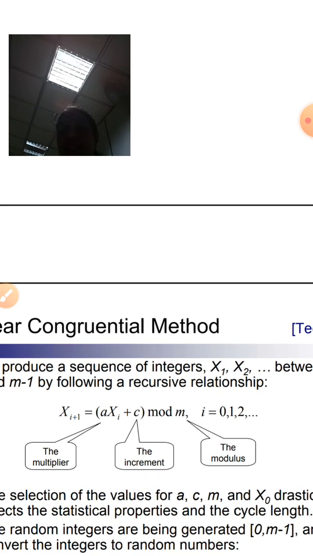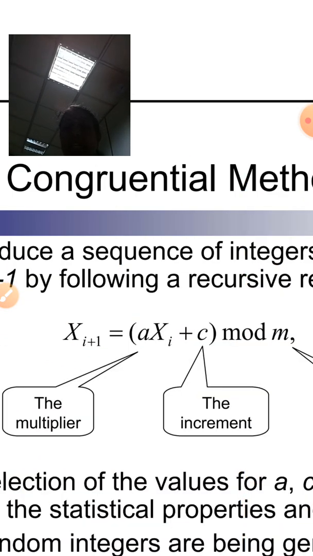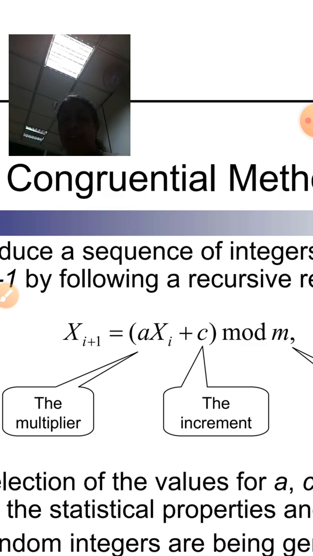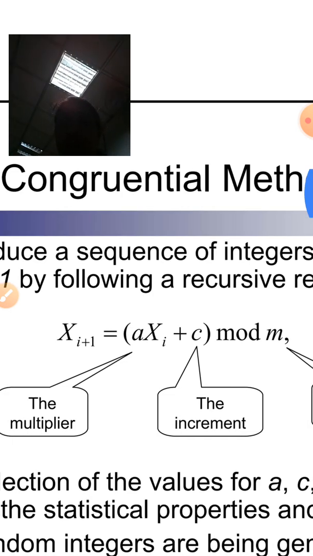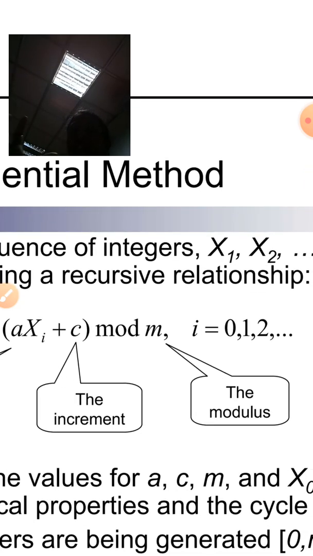This is represented as xi plus 1. When I want to generate the random number xi plus 1, it is given as a xi plus c mod m. What is this a? A is a multiplier, a constant multiplier, and c is the increment, and mod m is the modulus we are taking, within the range 0 to m.